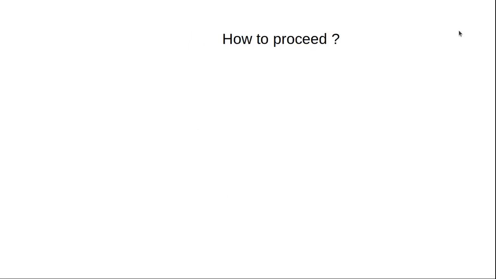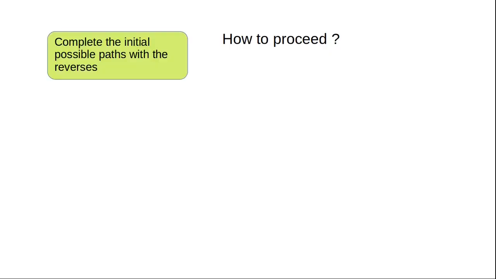How to proceed? First of all, I will explain schematically the steps, starting from the first one to the last one. First of all, complete the initial possible paths with the reverses.